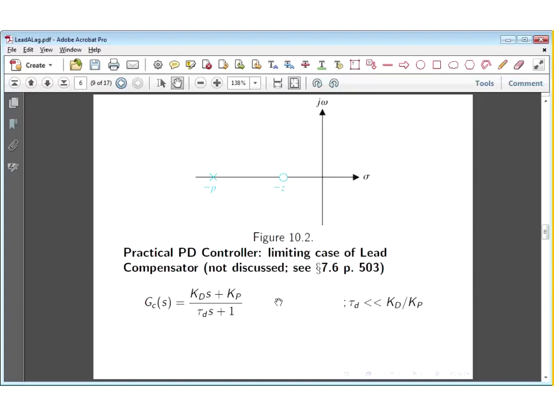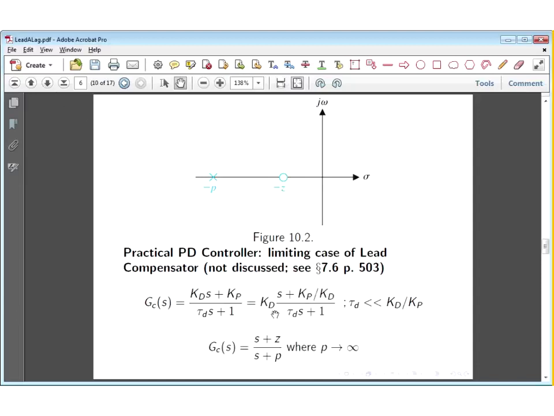So if we then look at a practical PD controller as we have it here, we can see that we can factor out the KD in the numerator once again, and then we can put that in front of the fraction, and then the numerator will reduce to s plus Kp over Kd, and of course the denominator stays the same, tau d s plus 1.